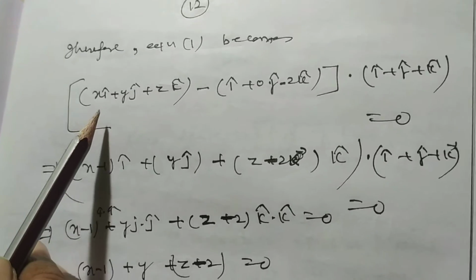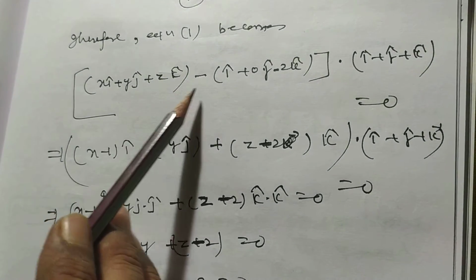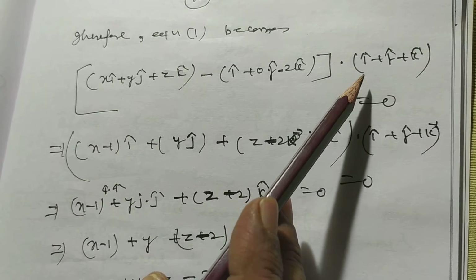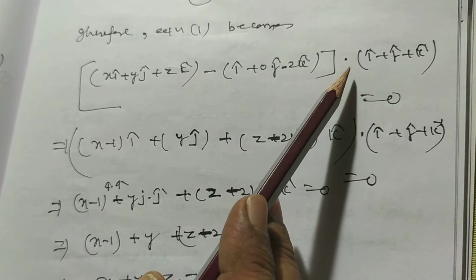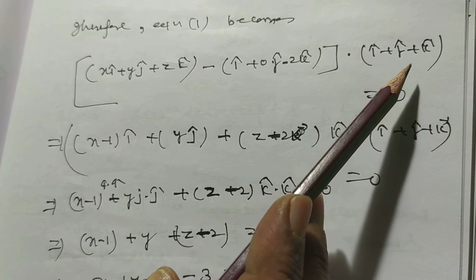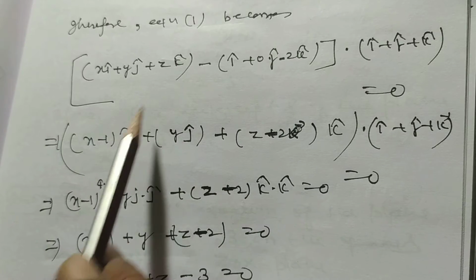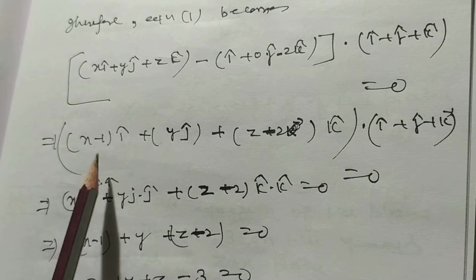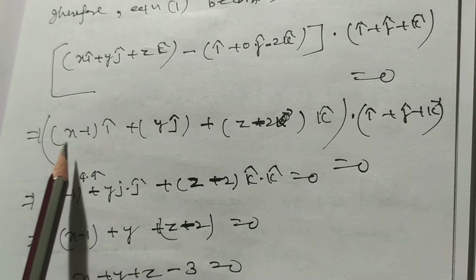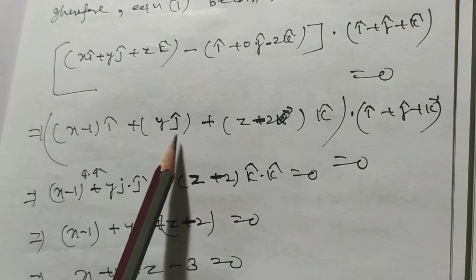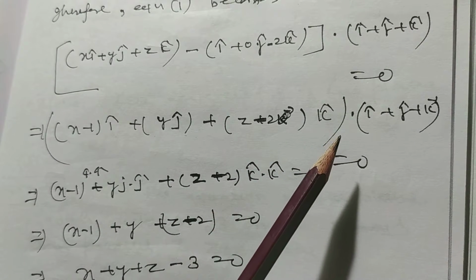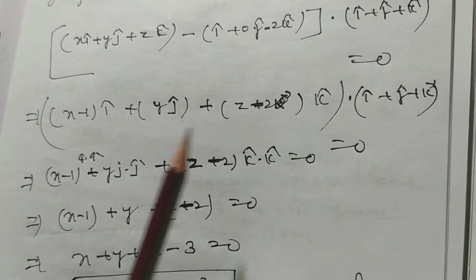So now it will be (xi + yj + zk) - (i cap + 0j - 2k cap), and if you take the dot product with i cap + j cap - k cap, that is vector n, then we will get the Cartesian form of the equation of the plane: (x - 1)i cap + y j cap + (z - 2)k cap dot product with i cap + j cap - k cap.